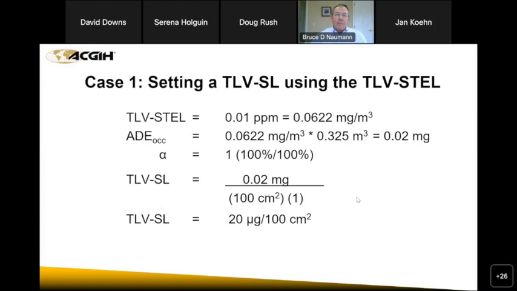And this is the same calculation just shown with the equation here. So just milligrams per cubic meter times cubic meters to get milligrams. And then in this case, we assumed 100% absorption to the skin and through the lungs. And we end up with 20 micrograms per 100 square centimeters.